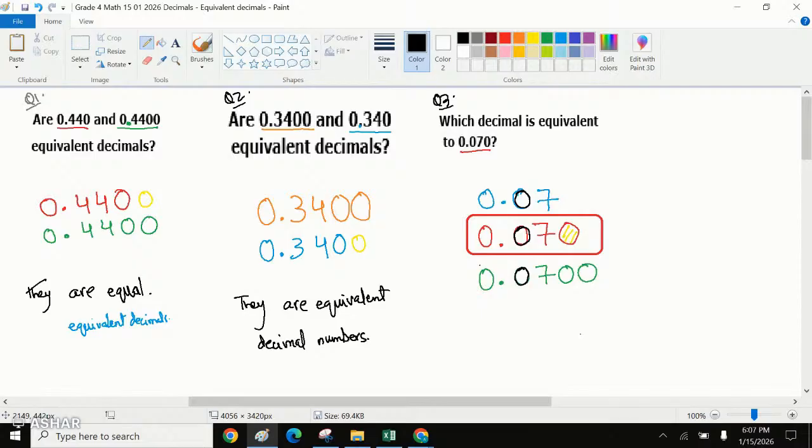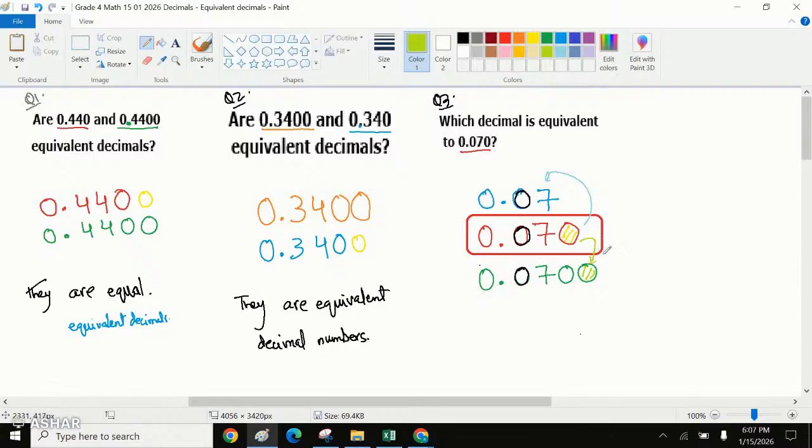Okay? So it cannot be 0.7. We can remove the 0 at the end, or we can add a 0 at the end. Over here, we added an additional 0, and in this case, we remove the 0. Do we agree?